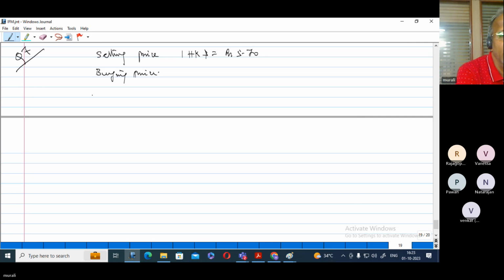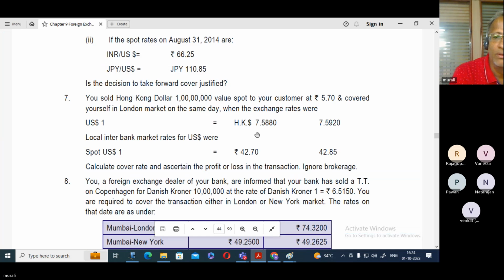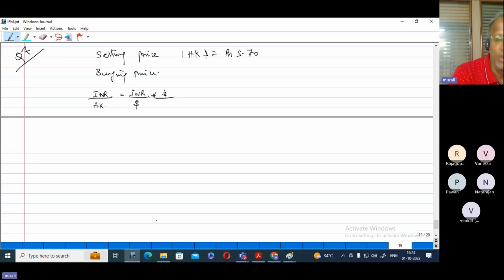That is INR to Hong Kong dollar, which equals INR to US dollar, then US dollar to Hong Kong dollar.